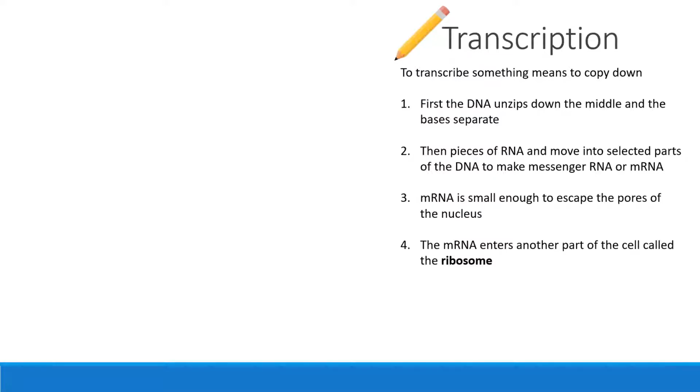To transcribe means to copy something down. So if I said to you, I want you to transcribe this PowerPoint page, it means I want you to write this PowerPoint page down. And you might even see the word scribe in this word.